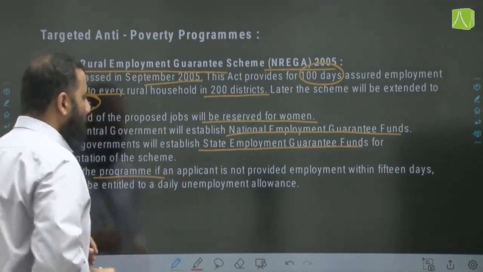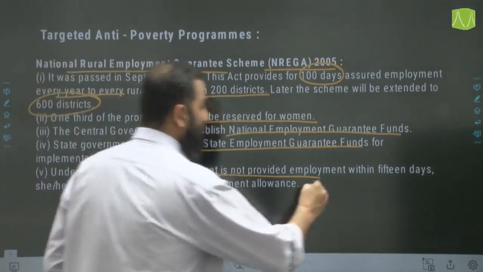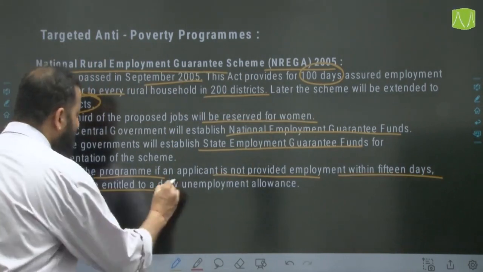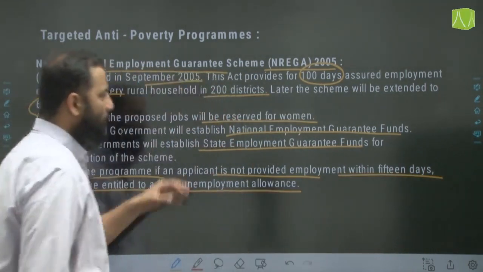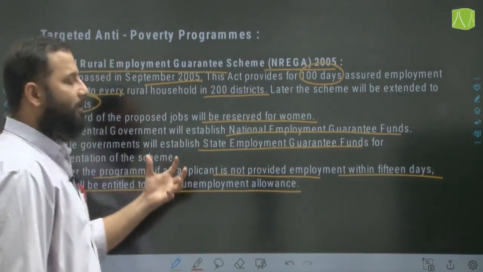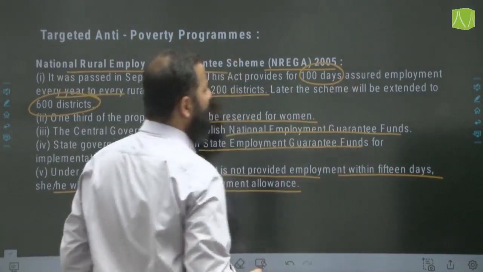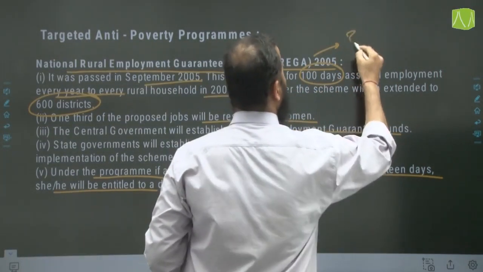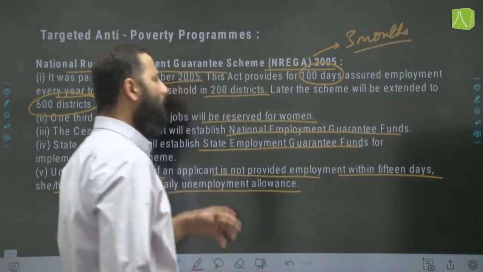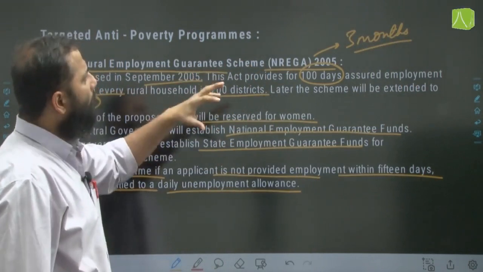Under the program, if an applicant is not provided employment within 15 days, they will be entitled to a daily unemployment allowance, which will obviously be less than the wages, but at least it is some kind of assurance for them. 100 days is about 3 months. Most of the people are busy with harvesting or sowing in their villages for some 6 months.